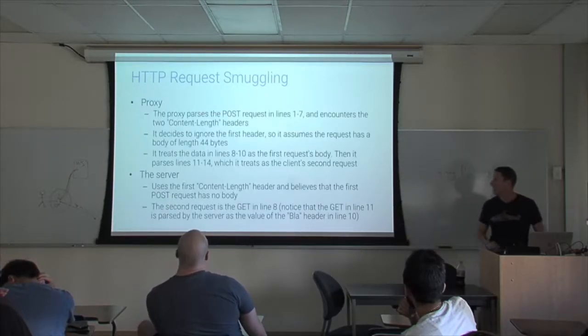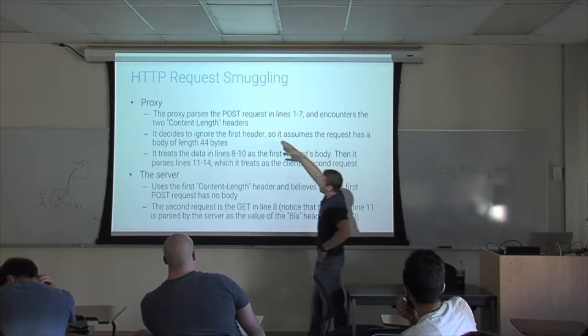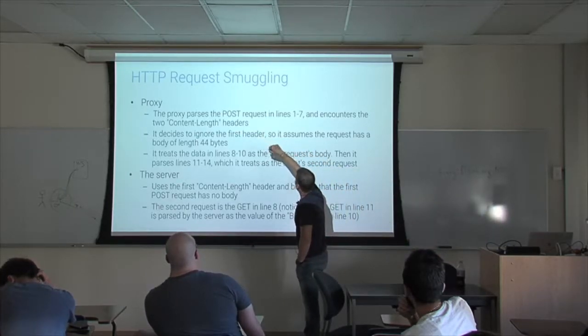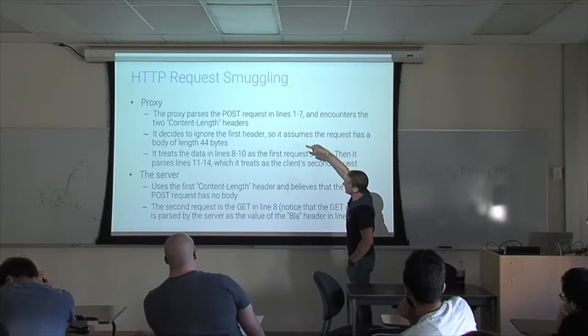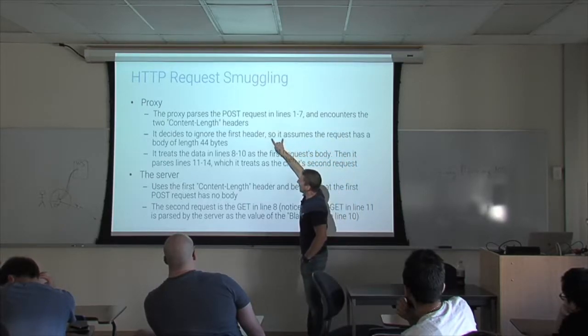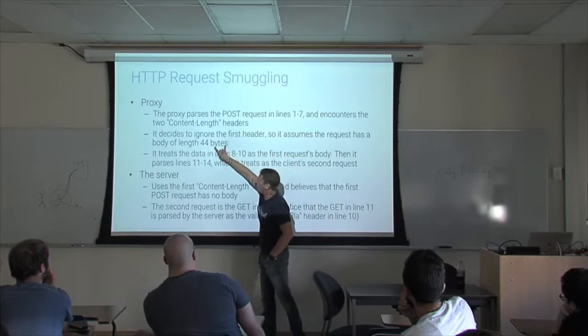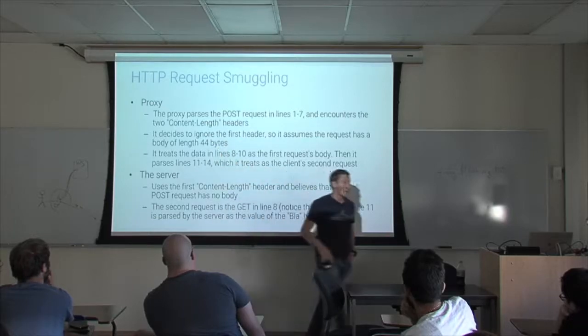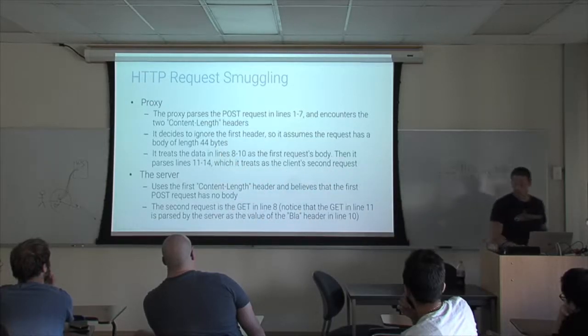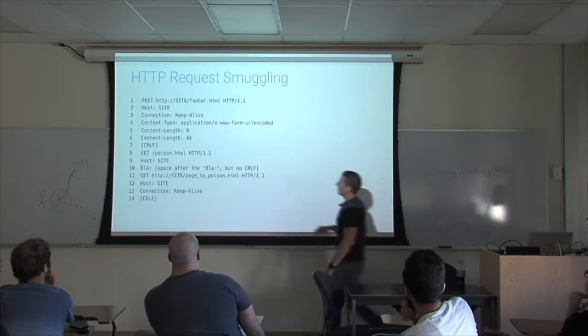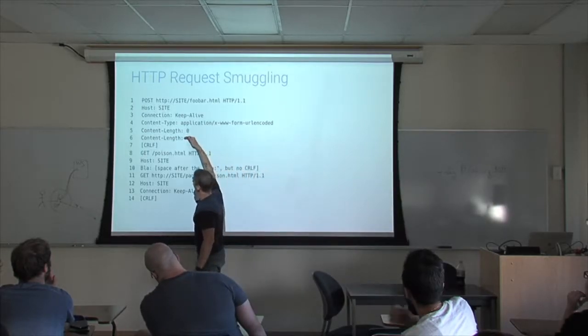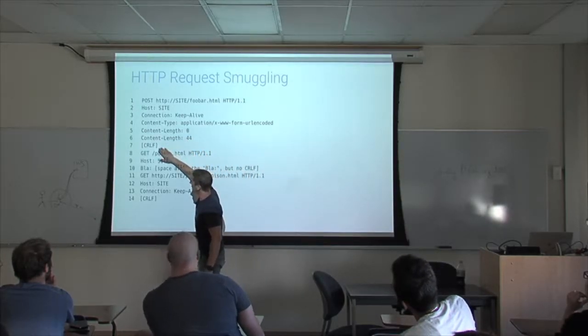So the proxy will parse the request and find the content length. It ignores the content length 0, and so takes the second one and decides that the request is actually 44 bytes. So the proxy looks at this and says, hey, I don't know why this is here. The content length is 44. I knew a carriage return line feed.